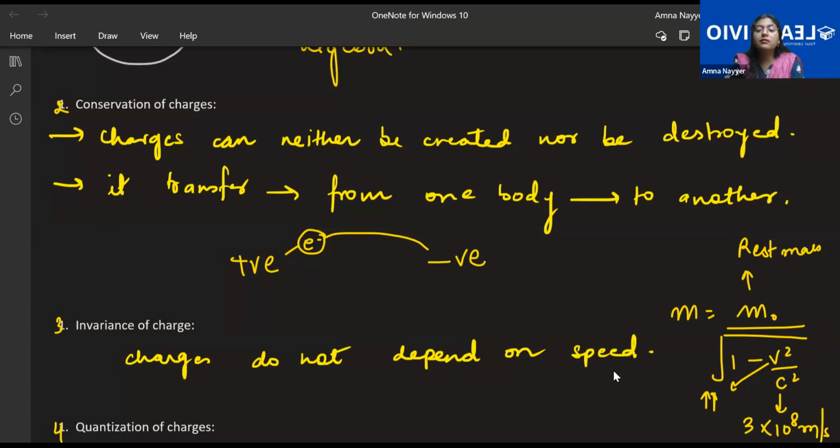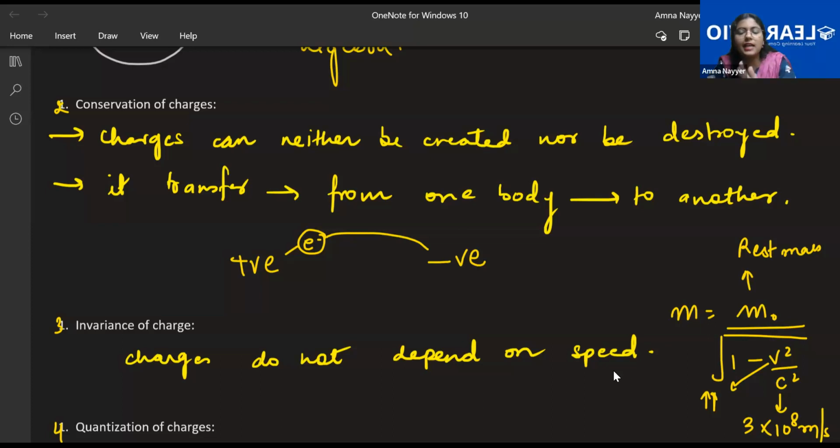Masses can live without charges; both are possible. A few particles do not have any charge, like neutrons. Neutrons are neutral particles. But the opposite is not possible: charges cannot exist without masses.